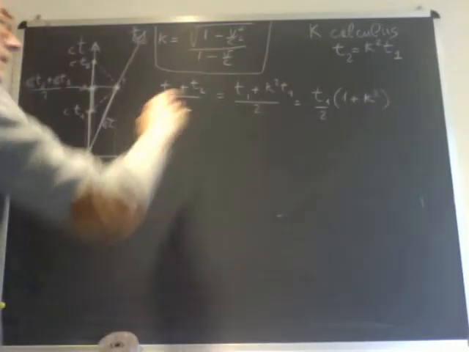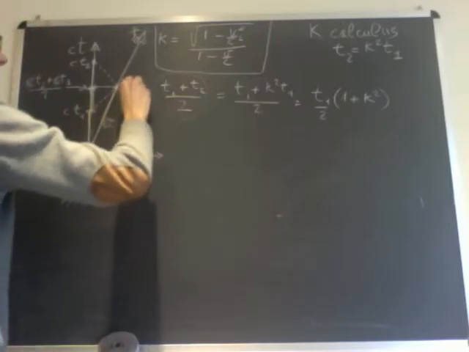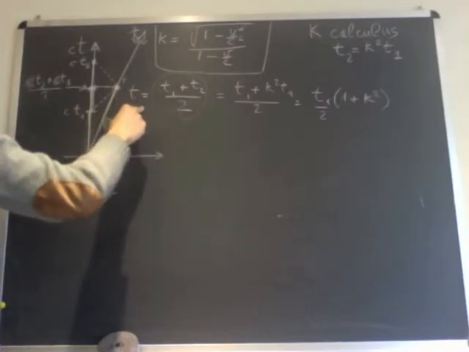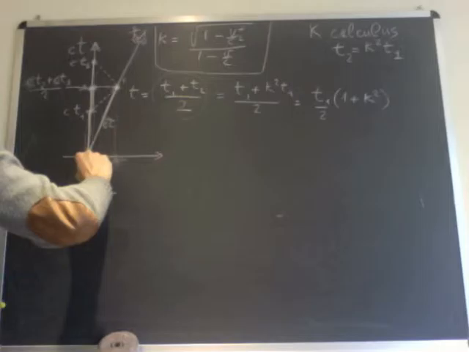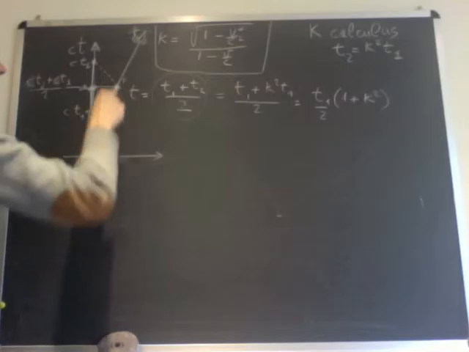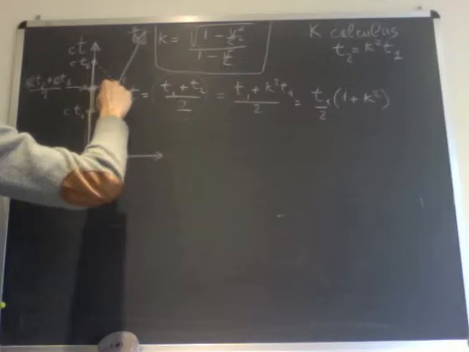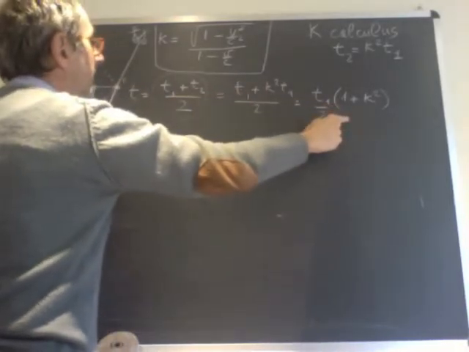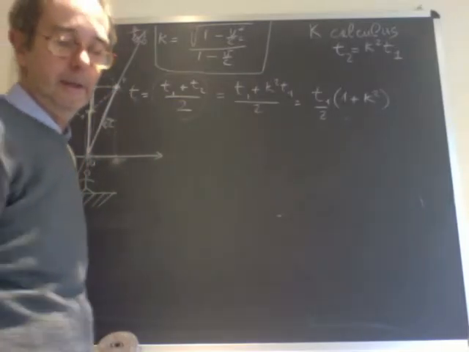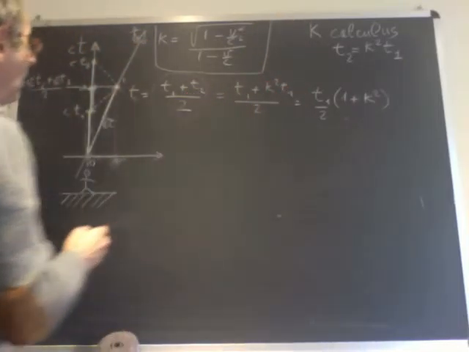This time is the terrestrial time that I can call t, and it corresponds exactly to the rocket time, the proper time on board of the rocket, tau, because this is exactly the time when the beam of light touched the rocket. This is as measured by Earth, and tau is measured by the astronaut.